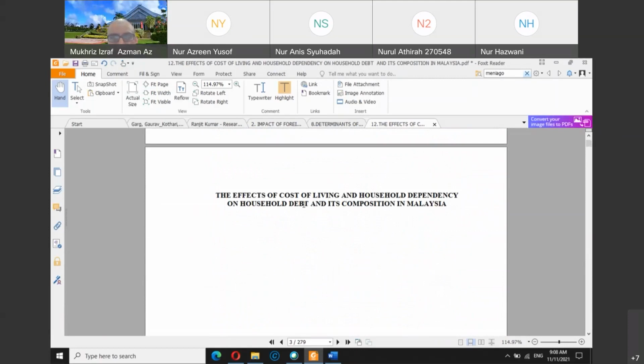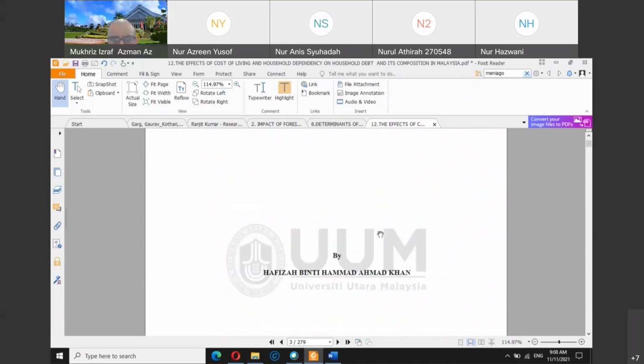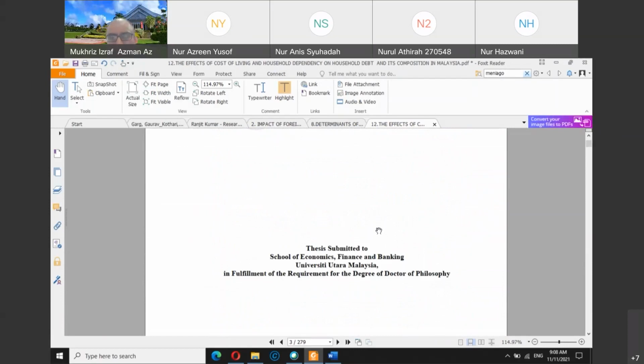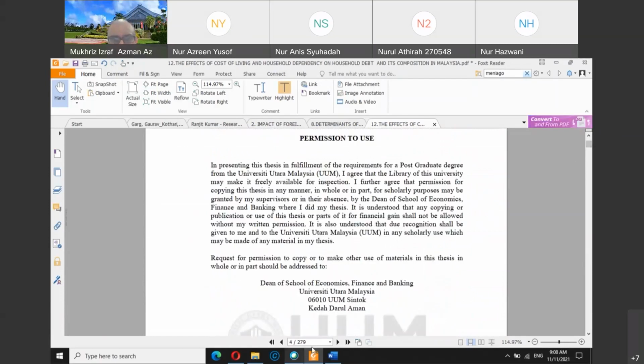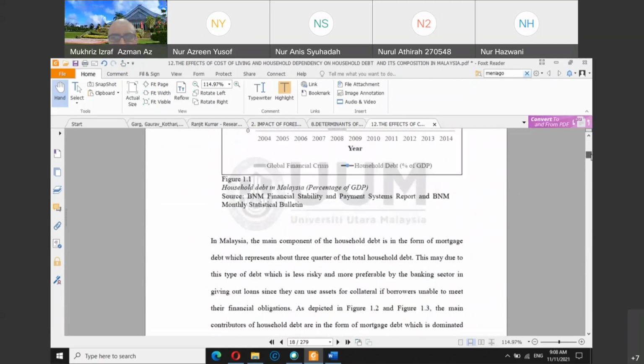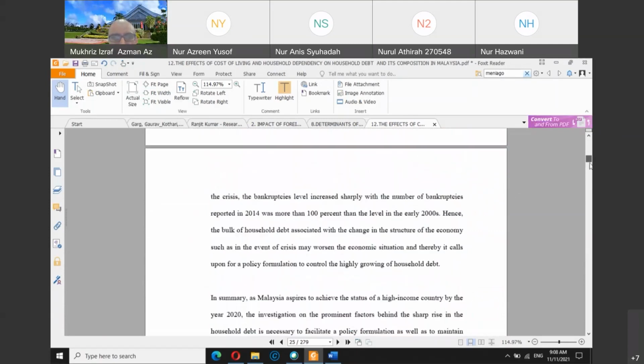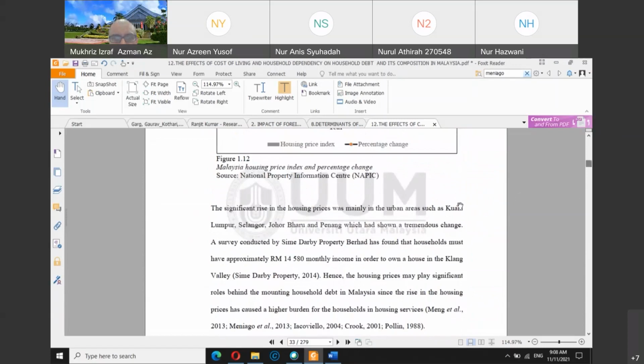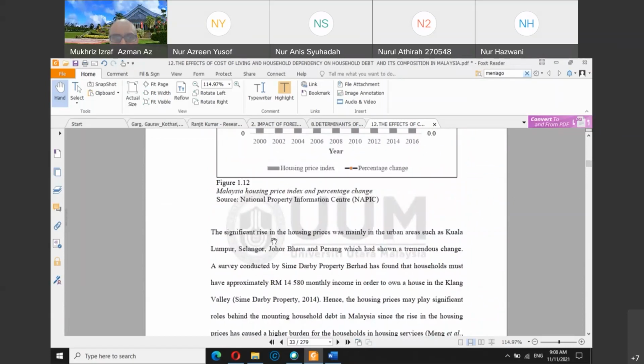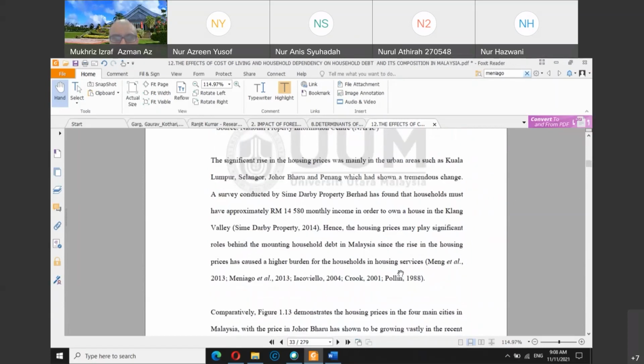I think this is a PhD thesis, that's why it's almost 300 pages long. But again, I'm not really concerned about the length, but more about how you write. You can see here, even in the introduction in chapter 1, the student already cited some papers, just to provide evidence that these are the people who mentioned these factors.